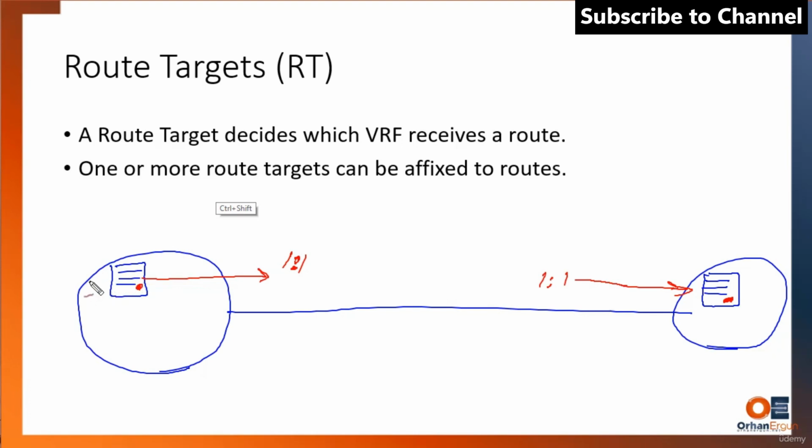So this is going to say I'm exporting with 1:1, and the other side says, okay, you exported this with 1:1, so anything that comes with 1:1, I'm going to install it in here. And it says I am exporting everything with, let's say, 2:2. This means that the other side needs to make sure that anything with 2:2 is going to be imported.